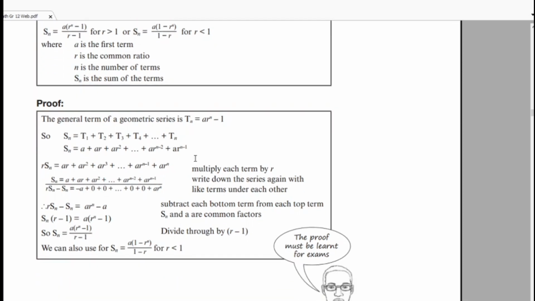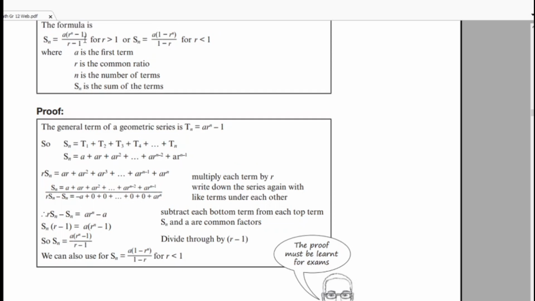Again, this proof should be simple and you must learn it for your exams. If you don't understand this proof, let me know where you don't understand it, and then we can create a separate video discussing the proof for this formula. These two proofs you must know for the exam, for the arithmetic sequence series and the geometric series.